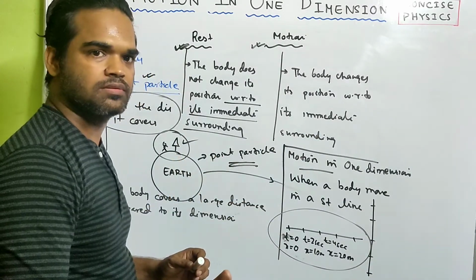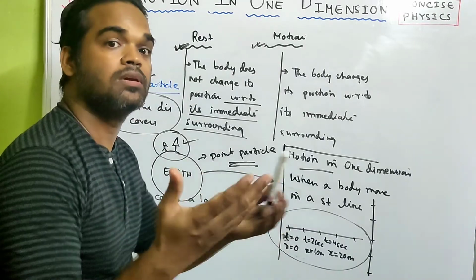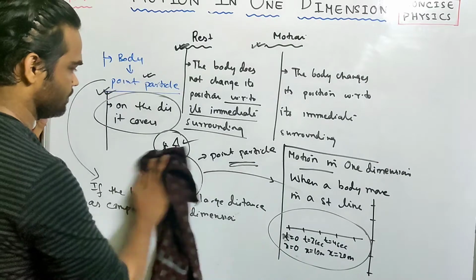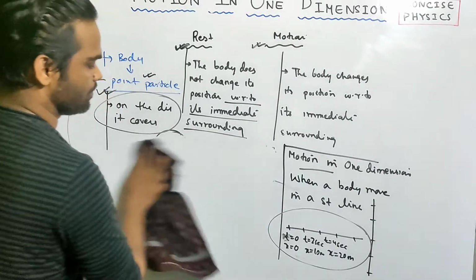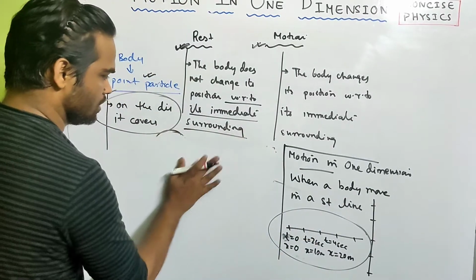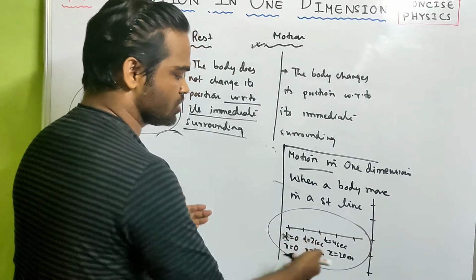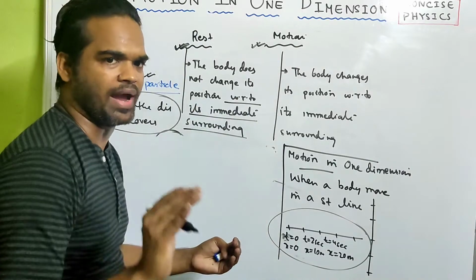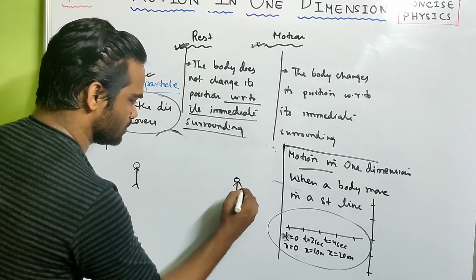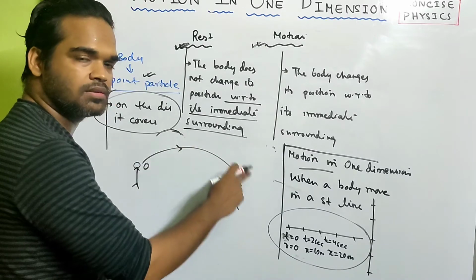Then the question arises, there must be motion in 2 dimension. Yes, there is. Motion in 3 dimension? Yes, there is. Look over here. This was motion in 1D, one dimension, which means the position of the object can be obtained with the help of the x-axis or y-axis. But there's a situation when you are over here, your friend is over here, you throw a ball, and it covers this path.